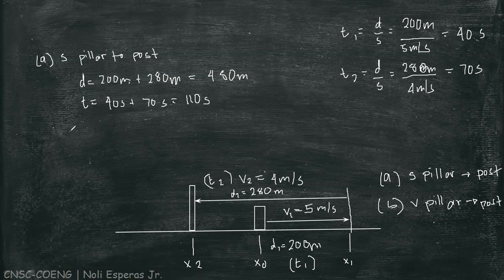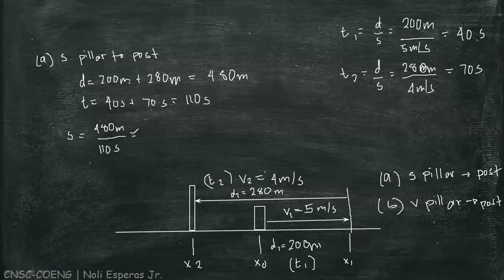Therefore, your speed is 480 meters divided by 110 seconds, which is equal to 4.36 meters per second. This is your average speed.